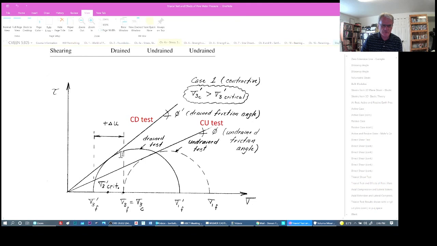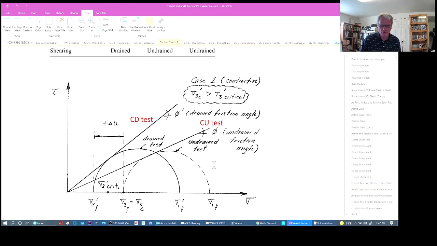And eventually we'll reach a Mohr circle that looks like this and can draw an appropriate drained friction angle using this line right here.